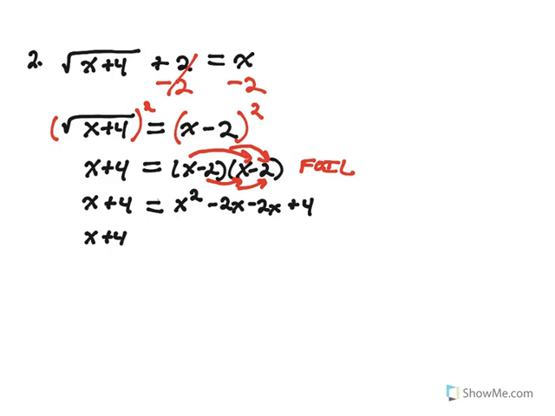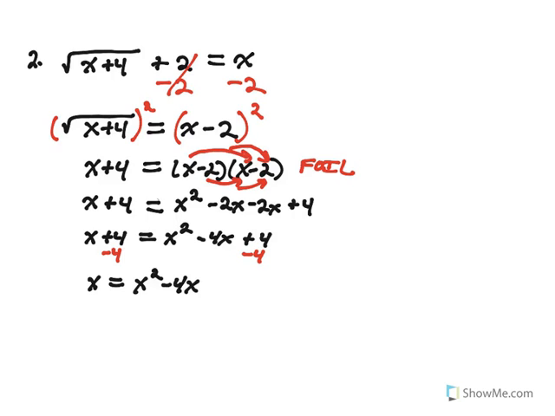The right side, we're going to do minus 2x, which is minus 4x plus 4. And then now we're going to subtract 4 on both sides. So then you have x equals x squared minus 4x.